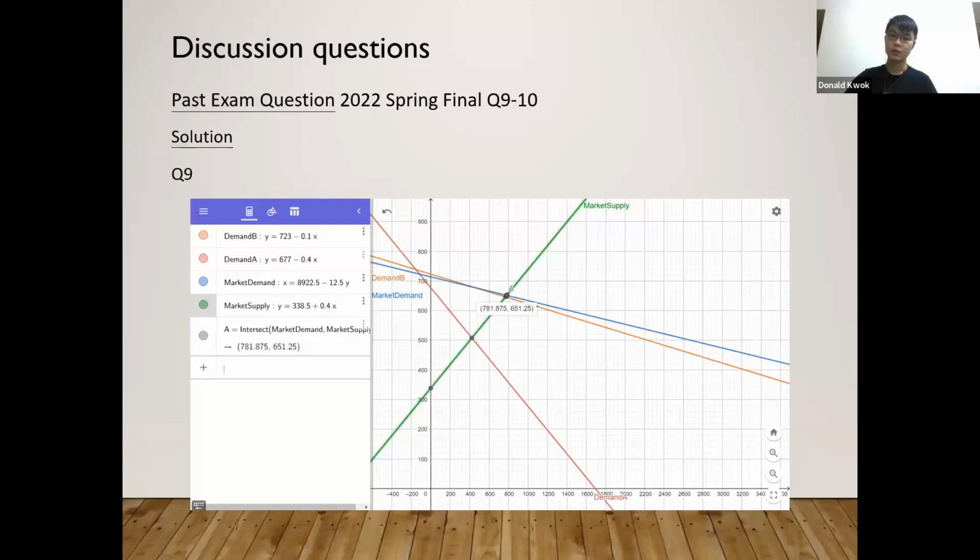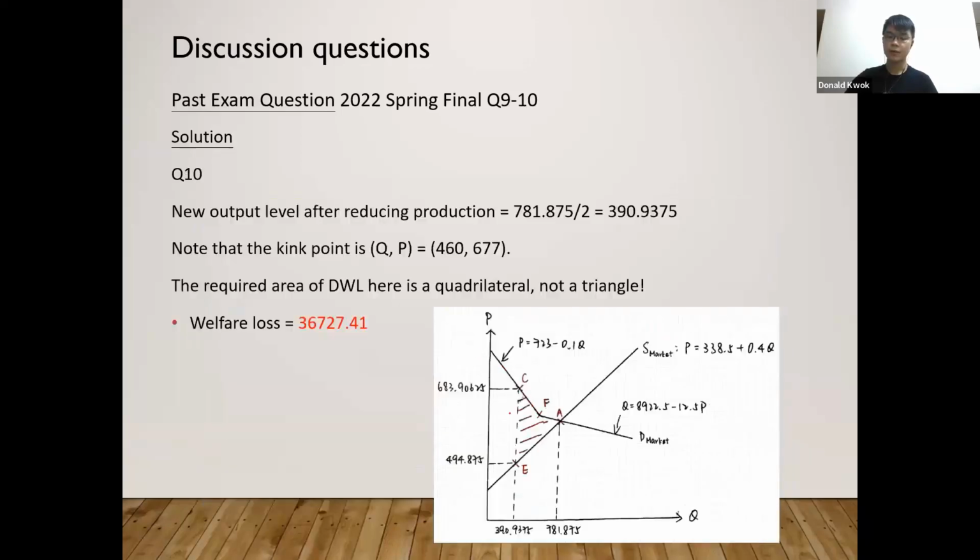So if you're trying to look for the numbers, you can take a look at this screenshot. If you're looking for the positions accurately, you can refer to my drawings to better locate the areas or the points. Anyway, market equilibrium quantity is 781 point something, while market equilibrium price is 651.25.